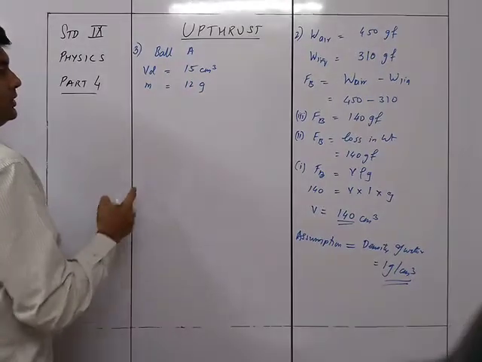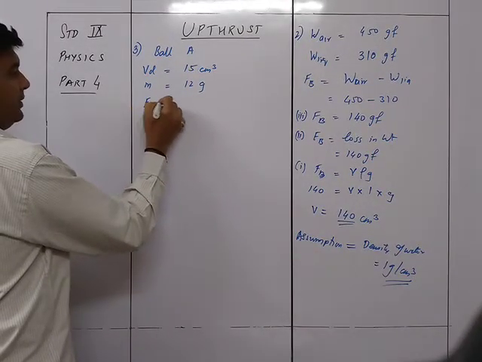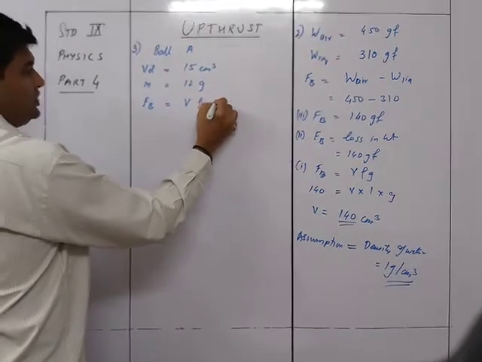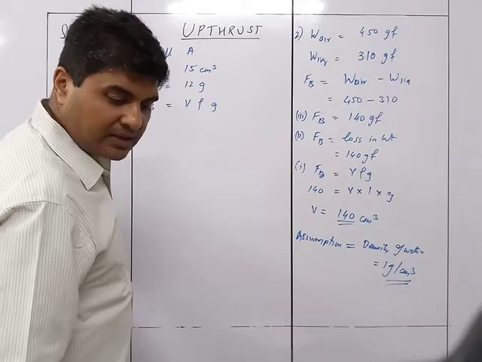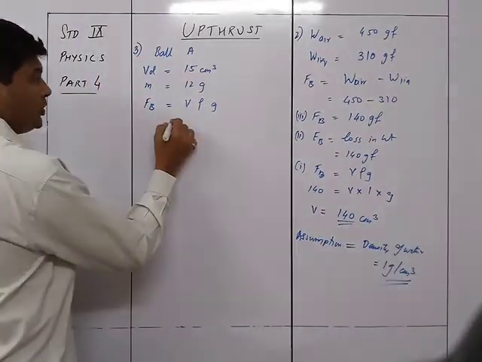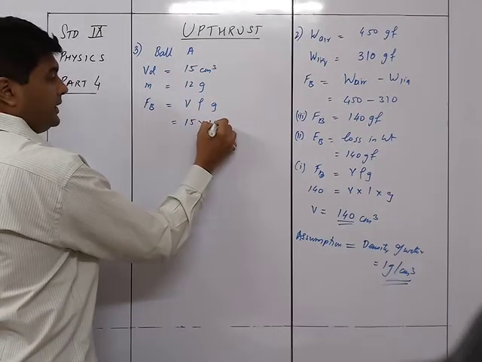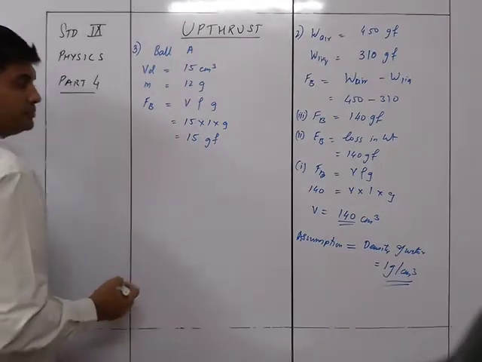So we can see from this that upthrust FB will be equal to V rho G, and we'll consider the density to be 1. So it will be 15 into 1 into G, which is equal to 15 GF.